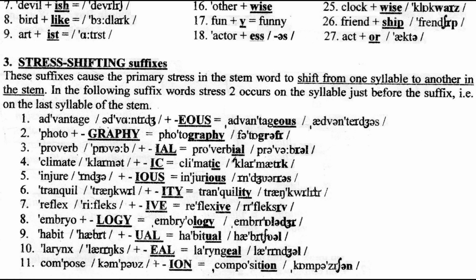Injure, injure plus ious, it becomes injurious. 6. Tranquil, tranquil plus ity, it becomes tranquility. 7. Reflex, reflex plus ive, it becomes reflexive.